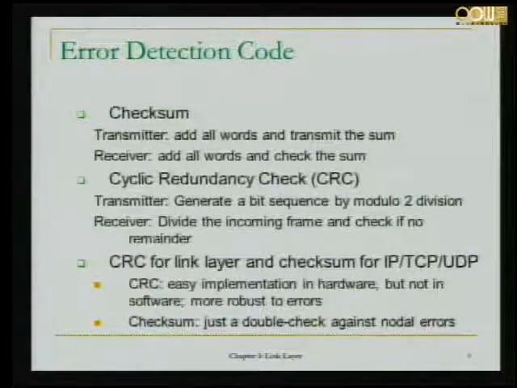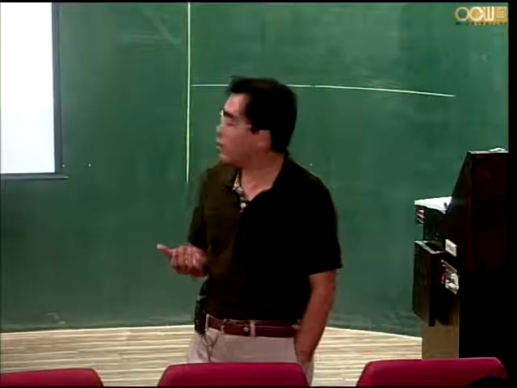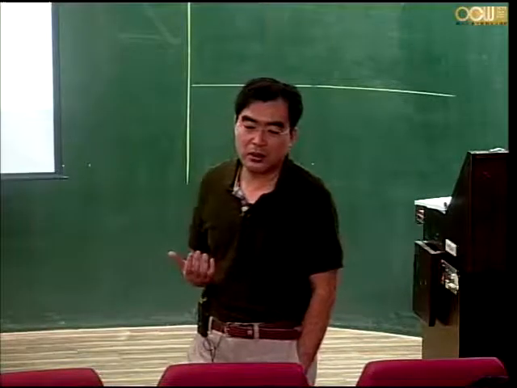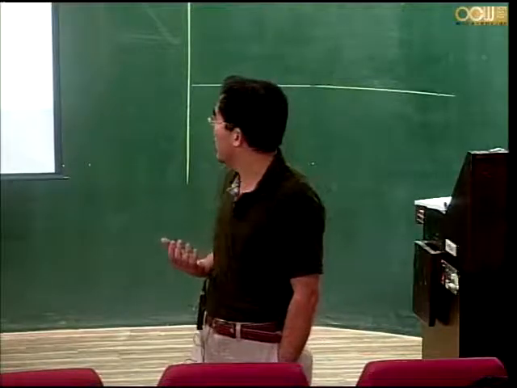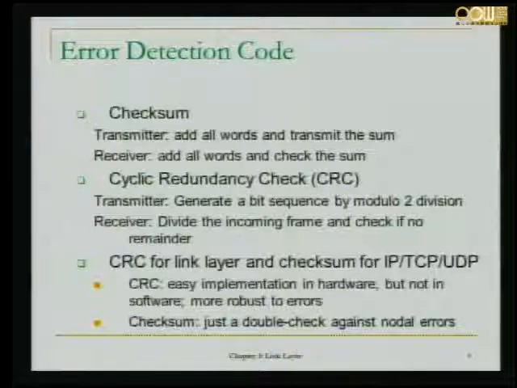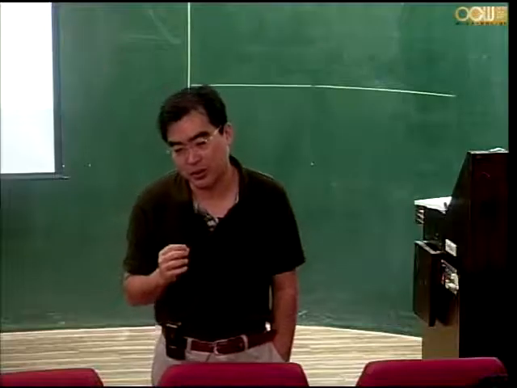Okay. So the end result is that in the link layer, all the link layer protocols use CRC in order to get better robustness to error. And when would we use checksum? We would use checksum when error detection is done in software.